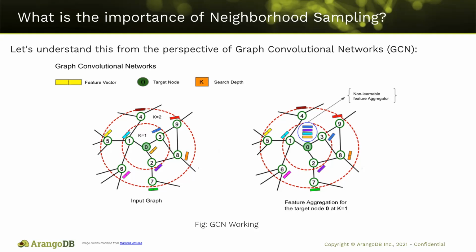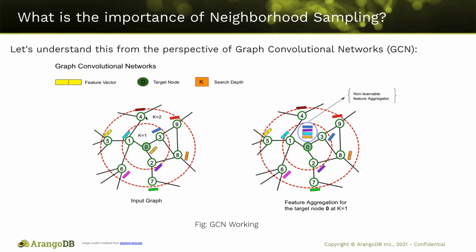The diagram represents the working process of GCNs intuitively. On the left-hand side, we have a sample input graph where its nodes are represented by their corresponding feature vectors. These feature vectors could be node degrees or text embeddings, etc.